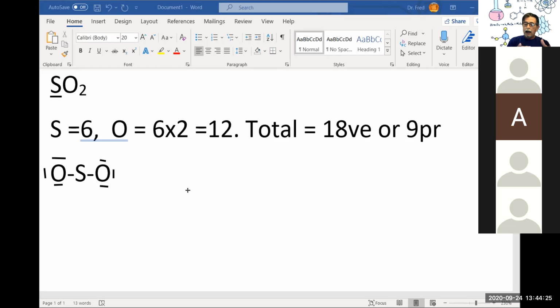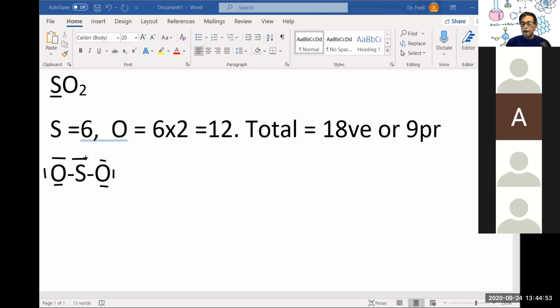Now I cannot put them on the oxygens anymore. I've got 1 pair to place somewhere. Where must they go? On the sulfur, exactly, because the oxygens already have 8 electrons around them.